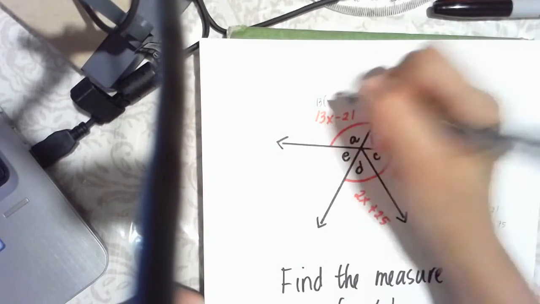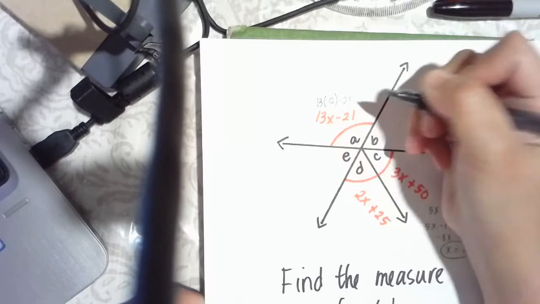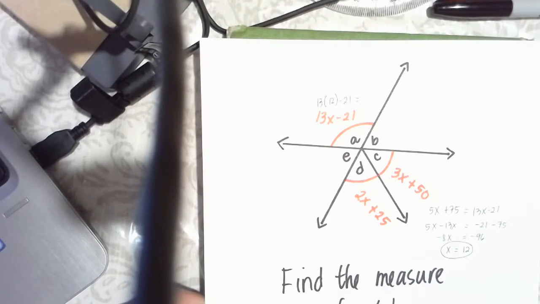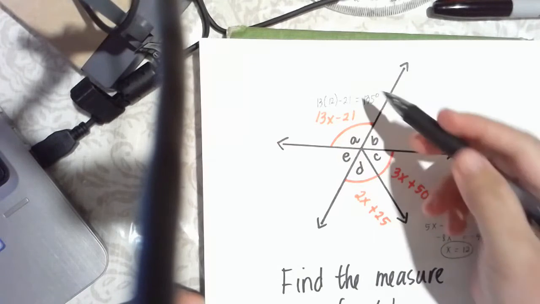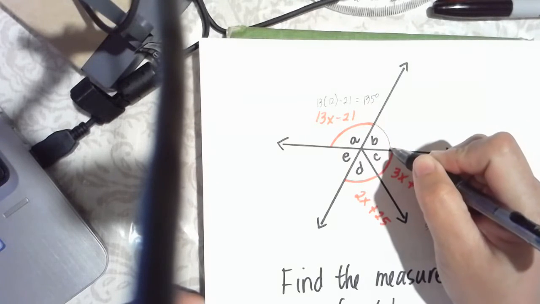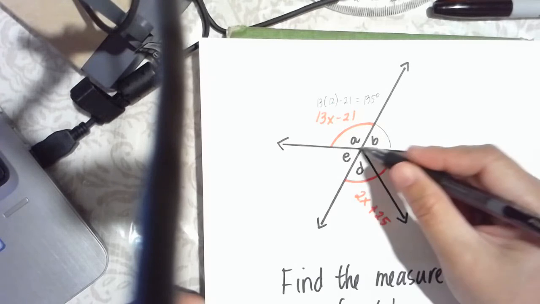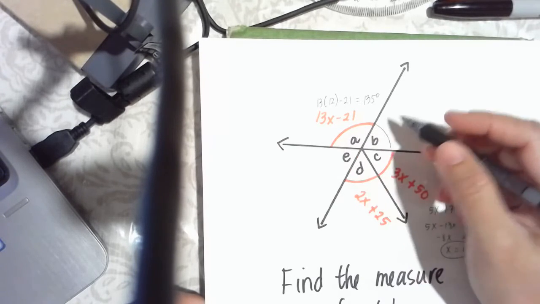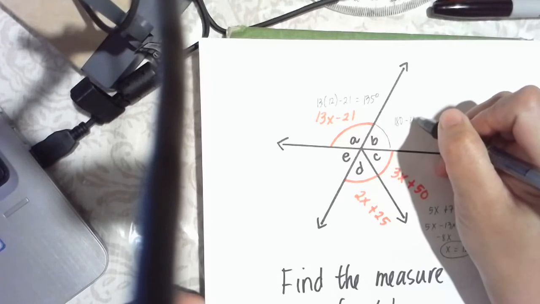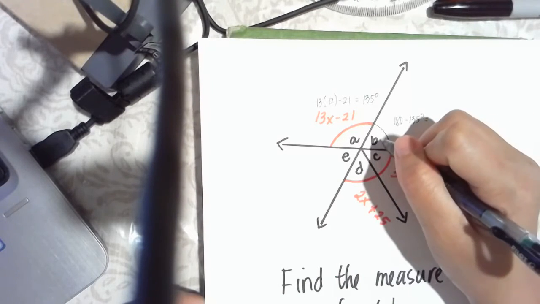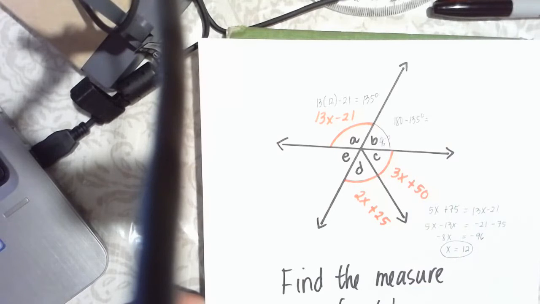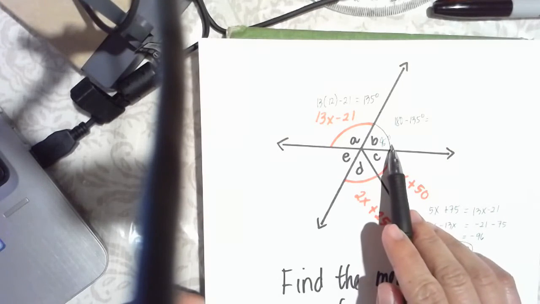So that means that 13 times 12 minus 21 is equal to 135 degrees. If that's 135 and A and B create a linear pair since it's a straight line and they are supplementary angles, we need to subtract 180 minus 135. And that is 45 degrees. So that's the answer. Angle B is 45 degrees.